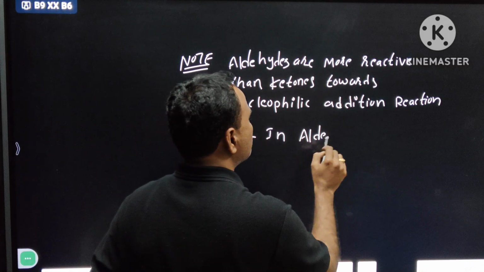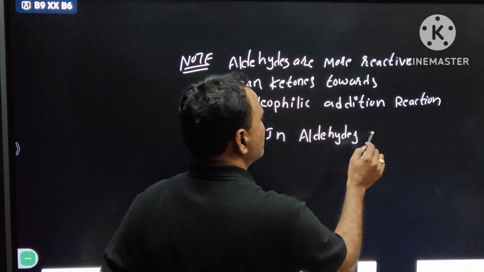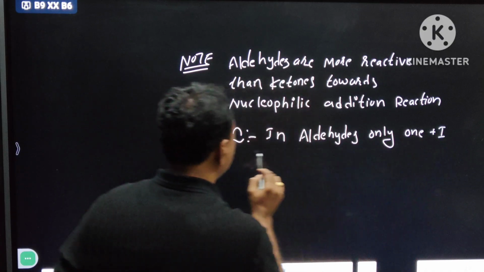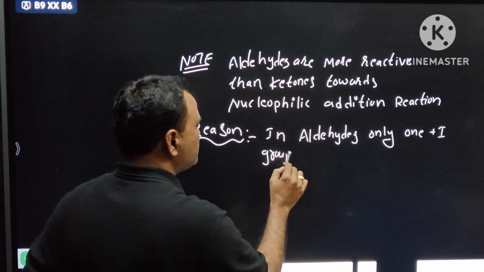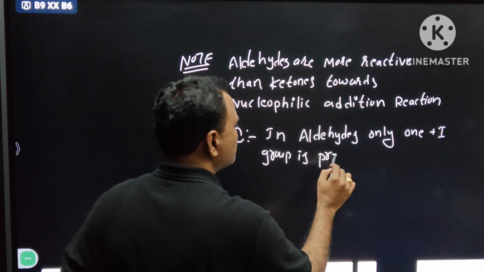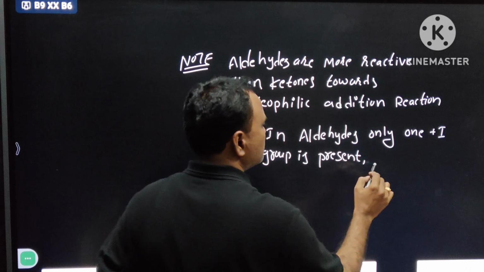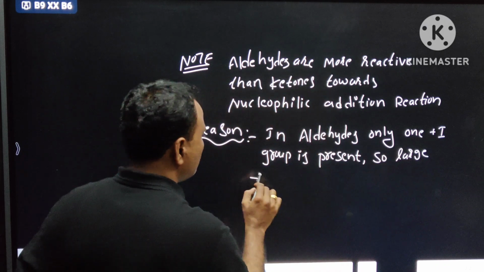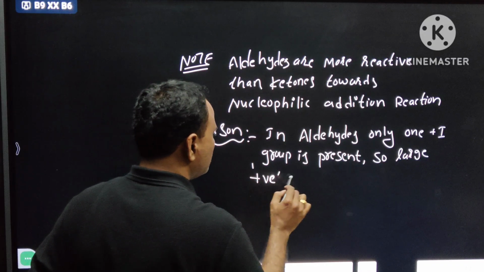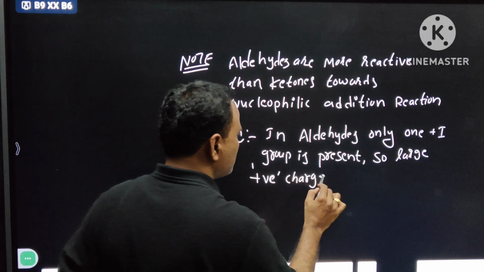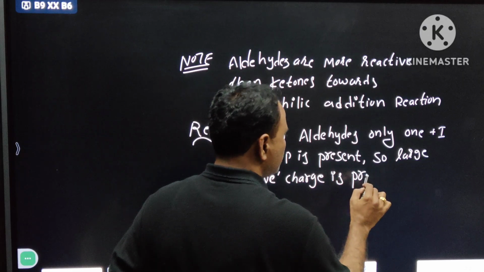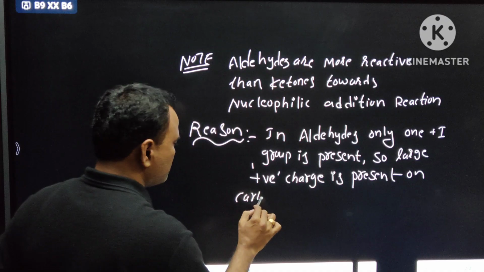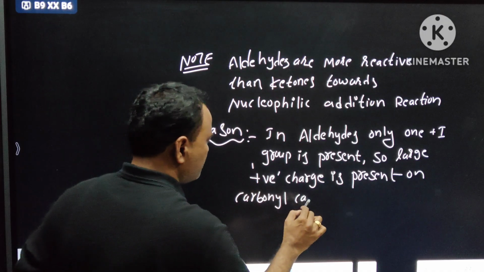In aldehydes only one plus I group is present. So a large positive charge is present on the carbonyl carbon.